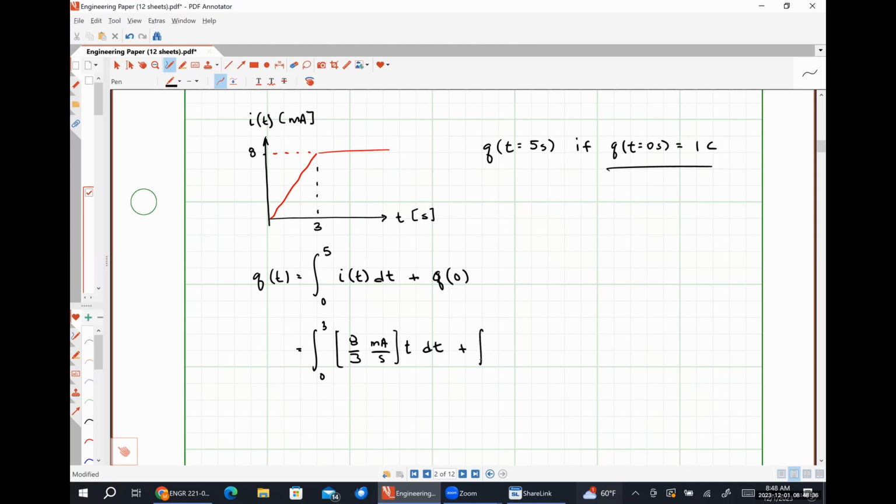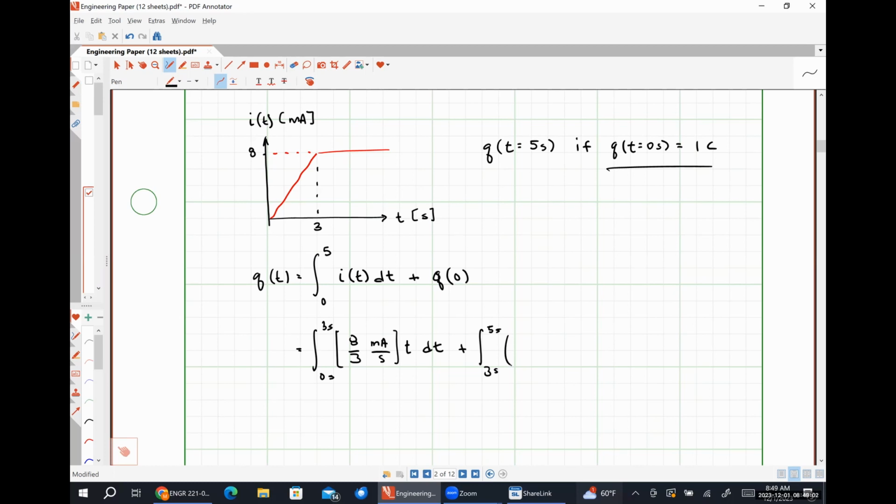And then we're going to have the integral from 3 seconds to 5 seconds. I should put units on these things. So what's my current over the interval from 3 seconds to 5 seconds? What's the graph say? 8, right?